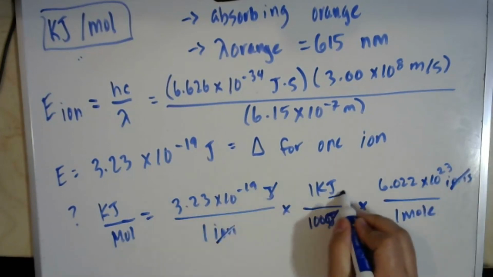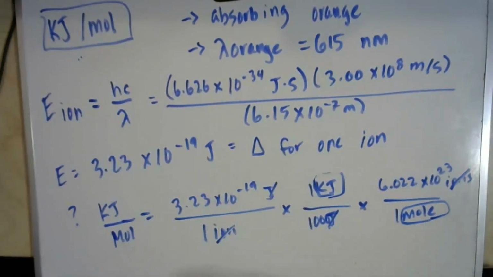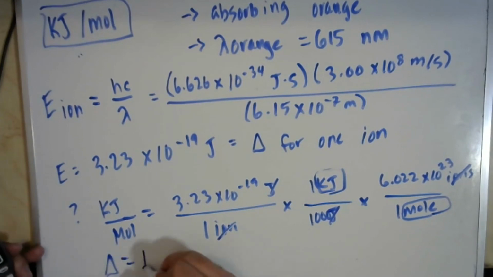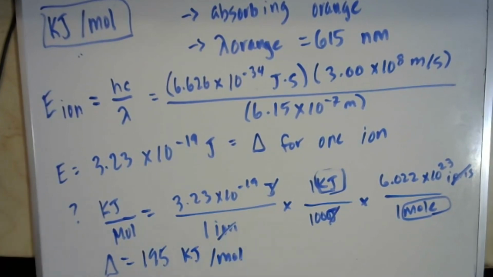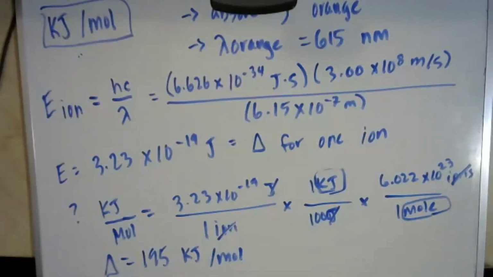Now I'm going to be left with kilojoules over moles, which is what I want. So I end up with a crystal field splitting energy of 195 kilojoules per mole. It's not that bad, just a couple steps.